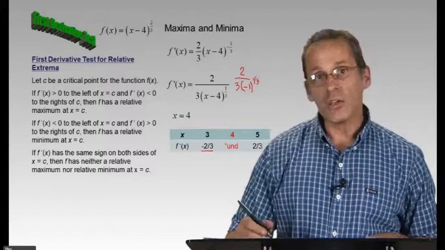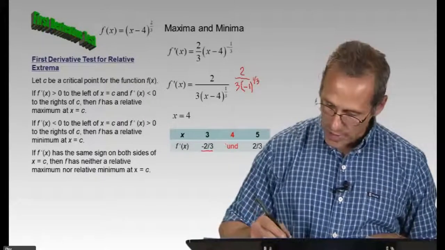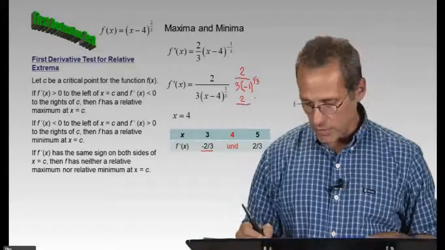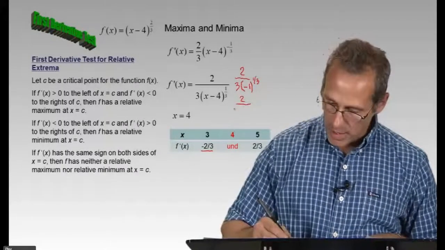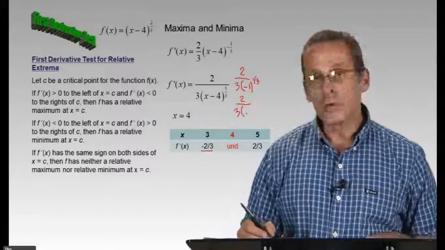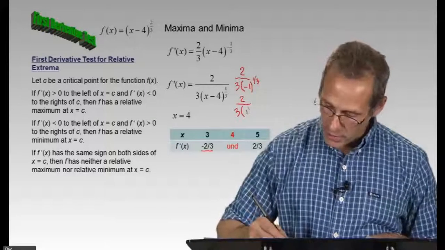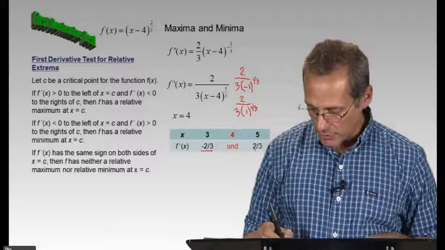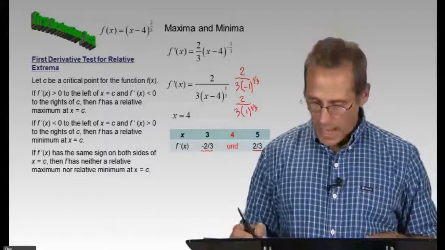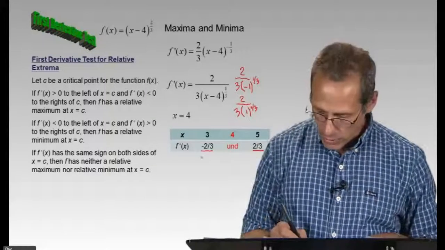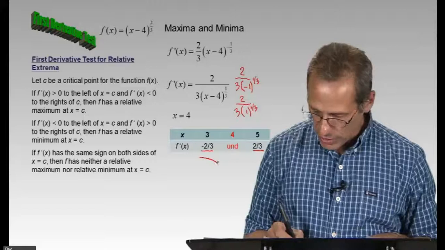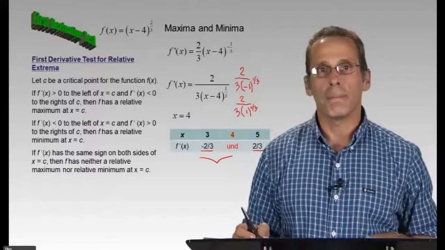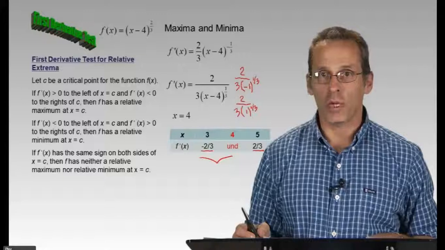And if we choose a value of x that is greater than 4, say 5, we have the calculation from the first derivative of 2 divided by 3 times (5 minus 4), which is 1, to the 1/3. We get back a positive 2/3. Our function goes from decreasing to increasing as it travels from left to right past x equals 4.